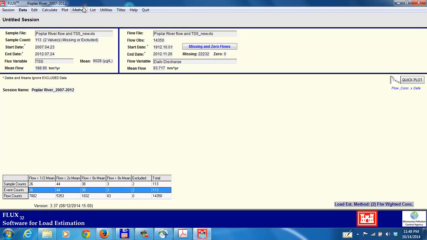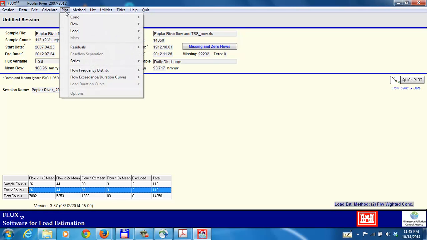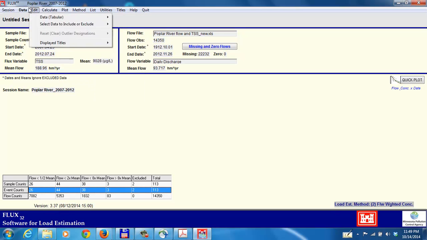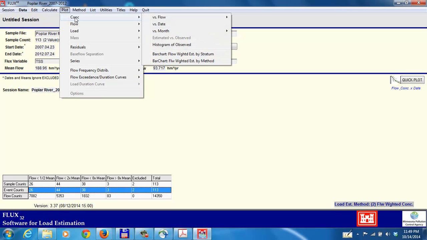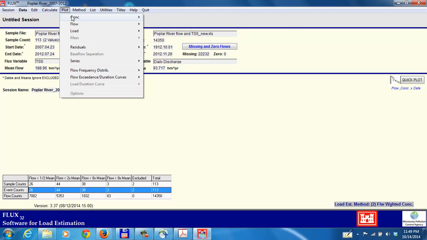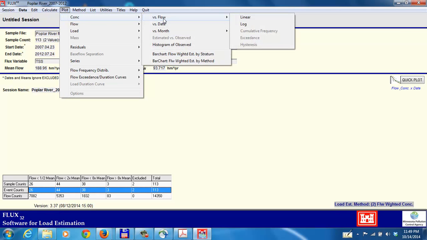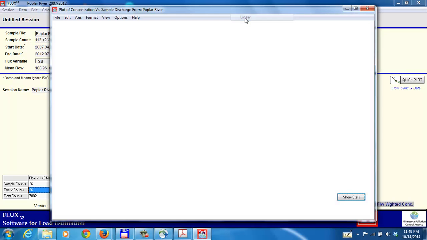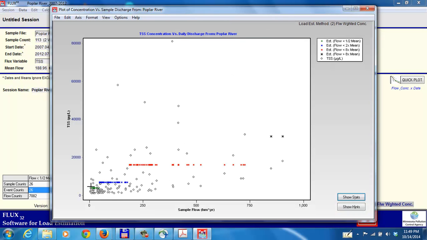Now, currently I have the data file set up with 4 strata. Let's look back again now at the relationship between concentration and flow. We'll see what that relationship looks like. And here we've got the 4 strata, and those do show, this is for method number 2.